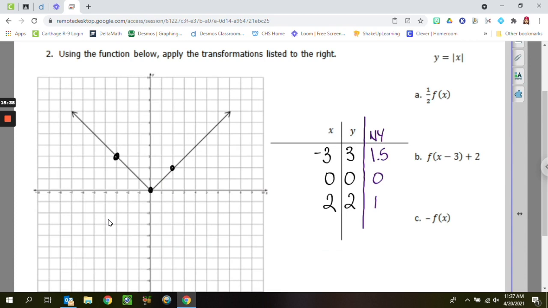So my new graph is going to be -3, 1.5, 0, 0, and 2, 1. Again, kind of what I would expect.